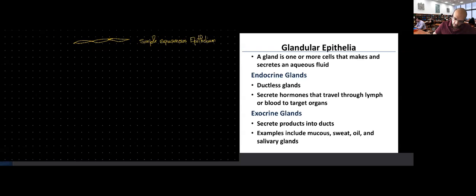We then have seen a type of epithelium which cells are going to be forming just one layer, and the shape of those cells were cuboidal. They were cuboidal cells, so we classified this as a simple cuboidal epithelium.